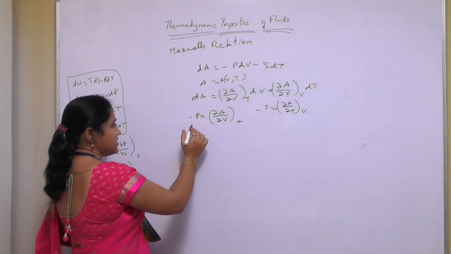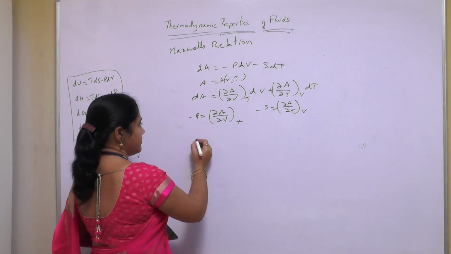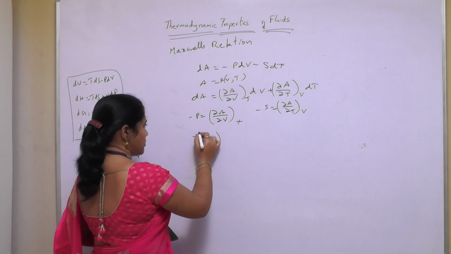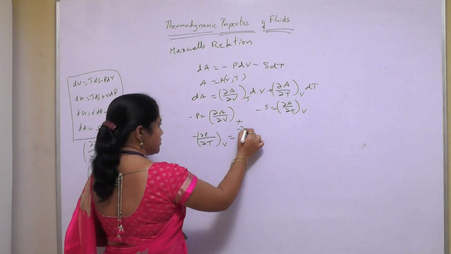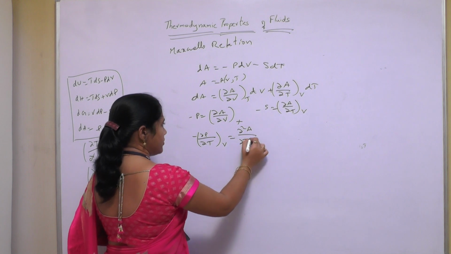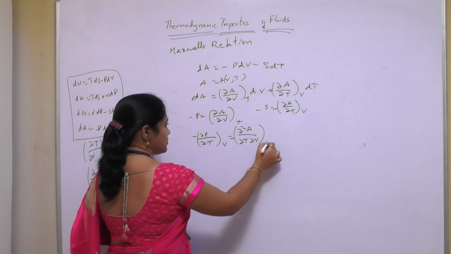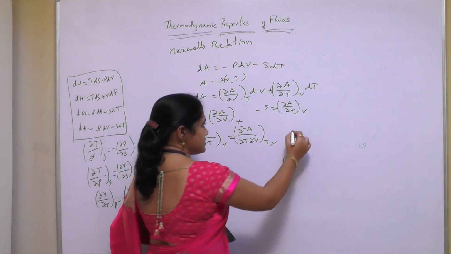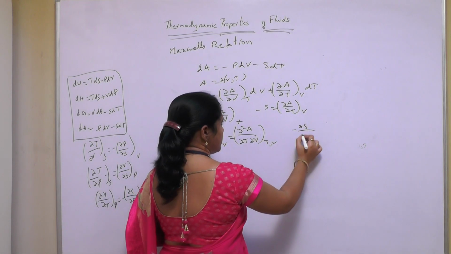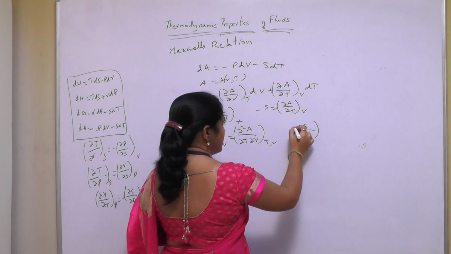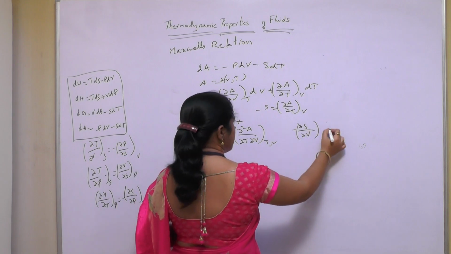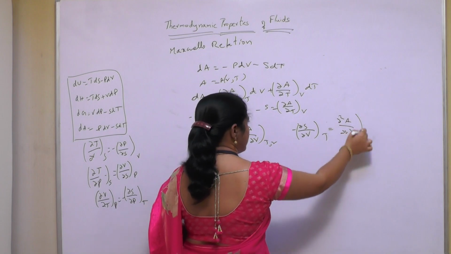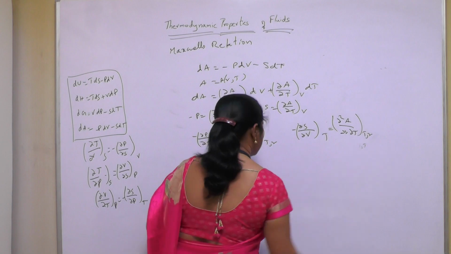Now differentiate with respect to temperature. So minus (∂P/∂T) at constant V equals ∂²A/∂T∂V. Similarly, differentiating with respect to volume, (∂S/∂V) at constant temperature equals ∂²A/∂V∂T.